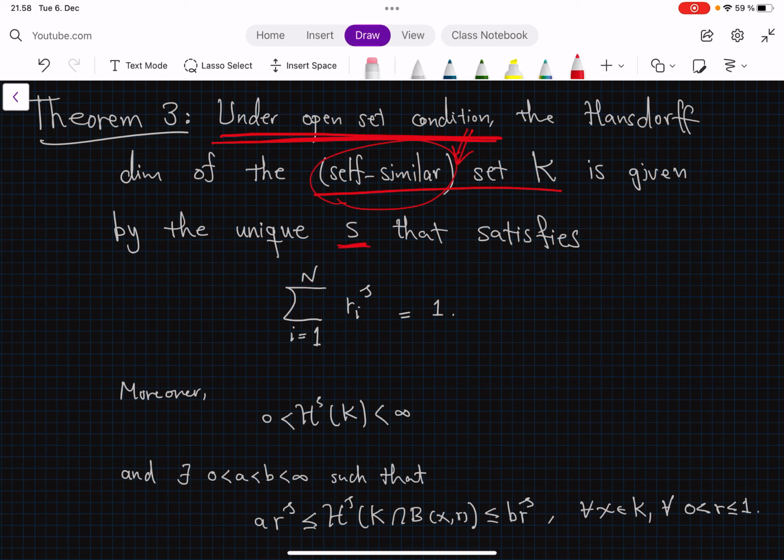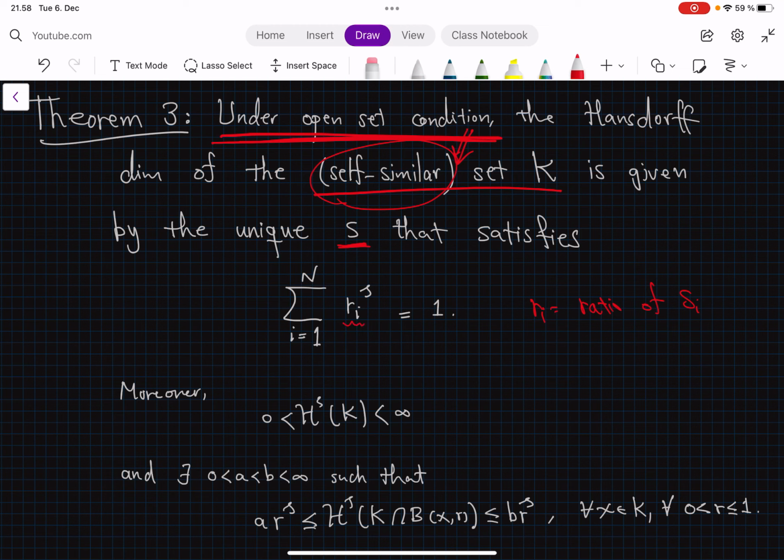So what is Ri? Ri is the scaling ratio of similitude Si. So you don't even need to know the rotation part of Si. All you need to know is how they scale down distances.